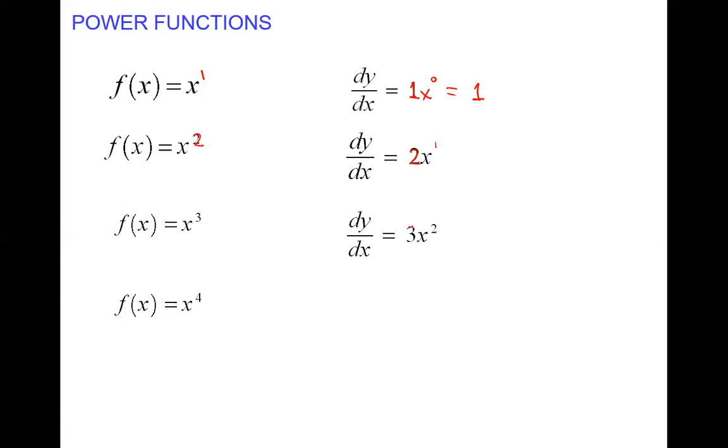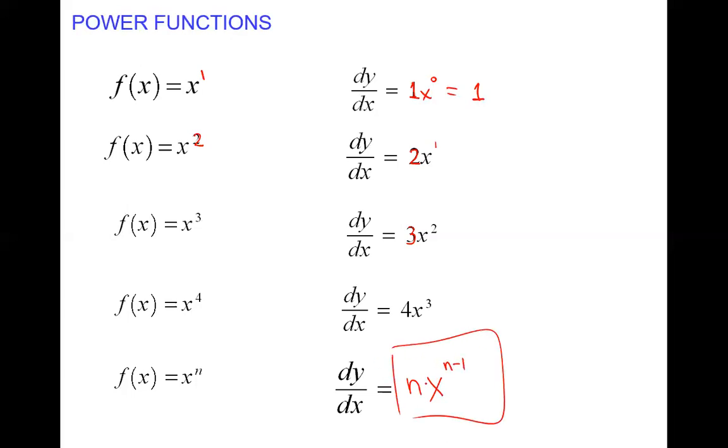For x to the power of 3, we get 3 and x to the power of 2, where 2 is 1 less than 3. That means x to the power of 4 will give me 4x cubed. My point is, to get the formula for x to the power of n, it will be n, I can write it down, n, because the exponent becomes a coefficient, and the original exponent is 1 less.